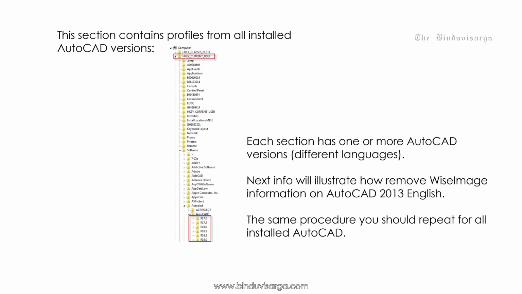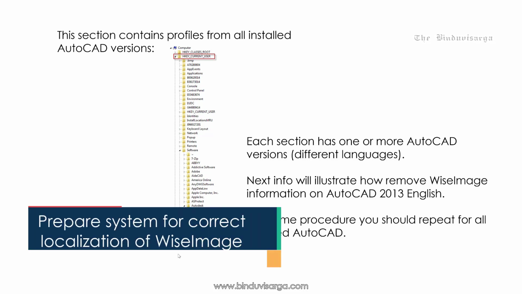This section contains profiles from all installed AutoCAD versions, so now you can see all the installed AutoCAD versions in this section: HKEY_CURRENT_USER, then Software, then Autodesk, and then the versions. Each section has one or more AutoCAD versions, and the next steps illustrate how to remove WiseImage information on AutoCAD 2013. The same procedure you should repeat for all installed AutoCAD versions.